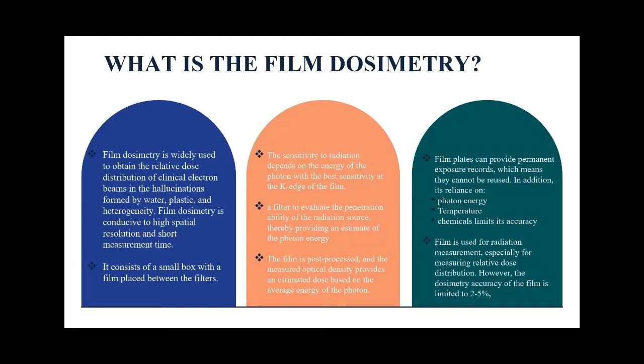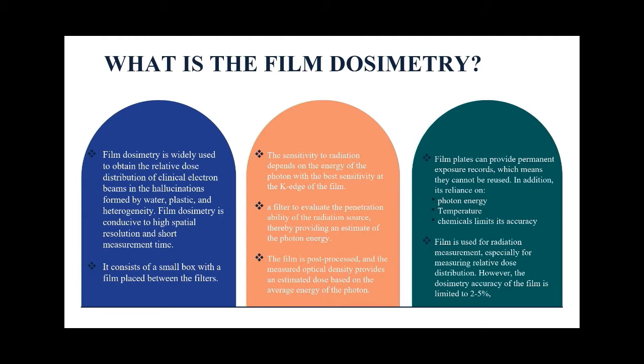What is film dosimetry? Film dosimetry is widely used to obtain the relative dose distribution of clinical electron beams in the situation formed by water, plastic, and heterogeneity. Film dosimetry is conducted for high spatial resolution and short measurement time. It consists of a small box with a film placed between the filters.